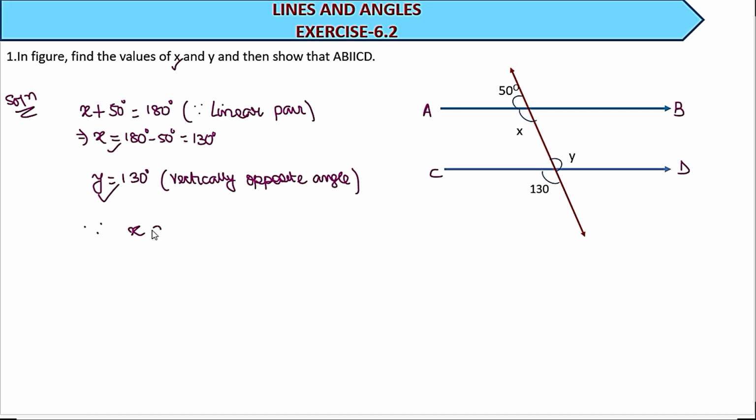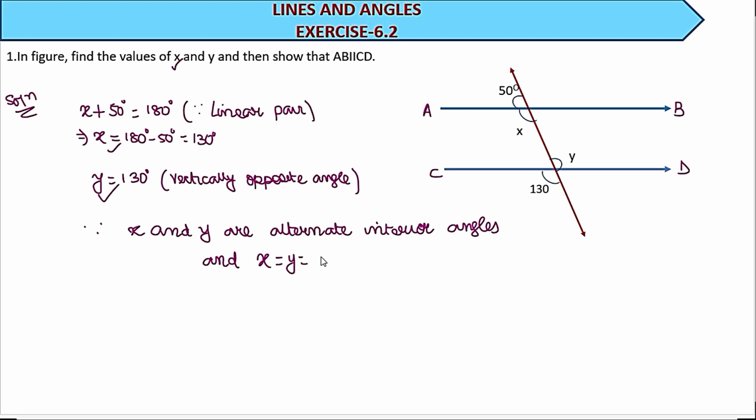Since x and y are alternate interior angles and x equals y equals 130°, and only in parallel lines are alternate interior angles equal, we can say that therefore AB is parallel to CD. So this is the solution of question number 1.